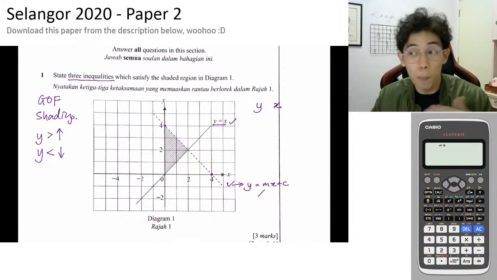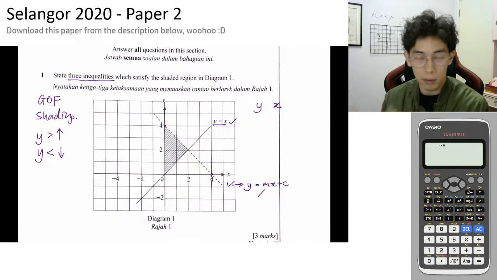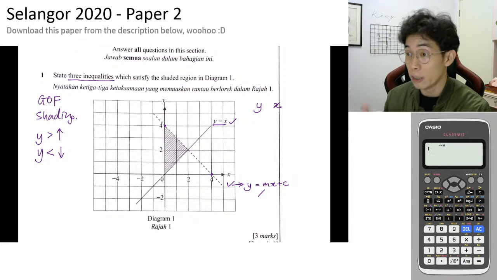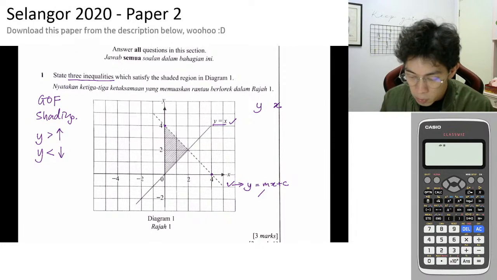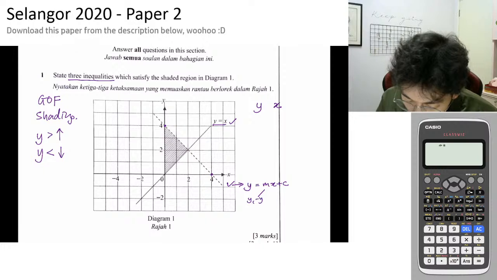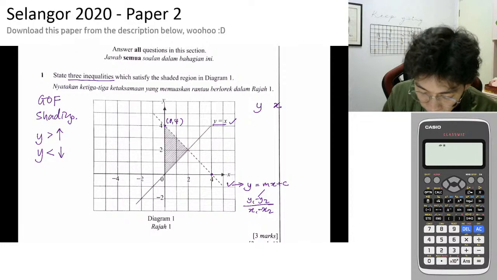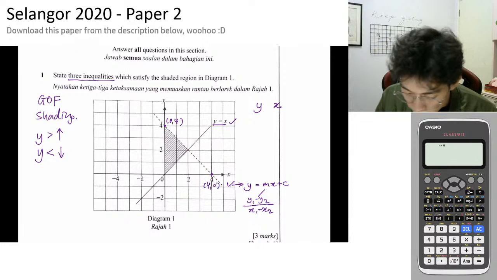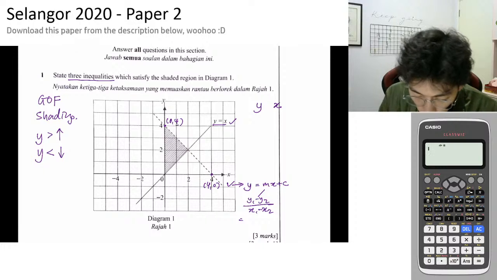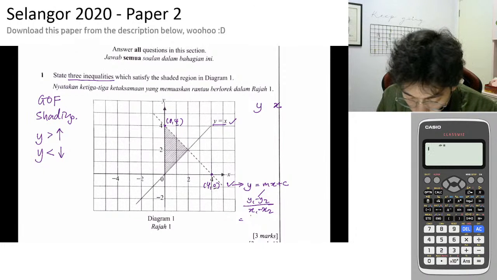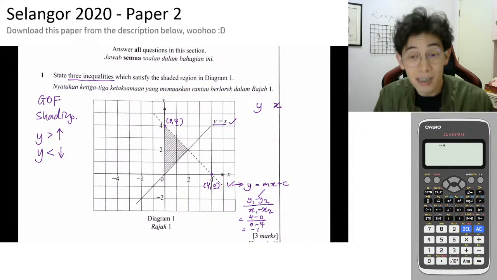I will show you both ways, everyone, as it benefits your y equals to mx plus c questions later as well. Number 1, you can use y1 minus y2 over x1 minus x2, where you take this as 0, 4 and this as 4, 0. Then 4 minus 0 over 0 minus 4 gives negative 1. This is one of the ways.